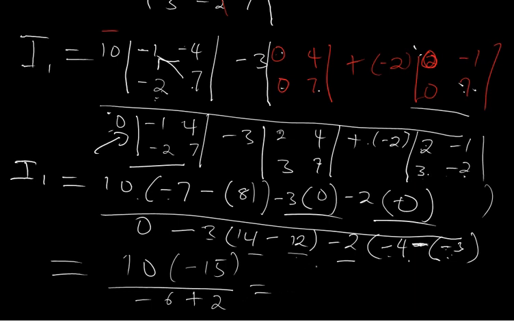So here we go. 10 times minus 15, that's going to be minus 150, all over minus 4. So I think you can do that division. Let's do that. 4 into 15. How many do we have? 4 into 15, that's 3 whole number.